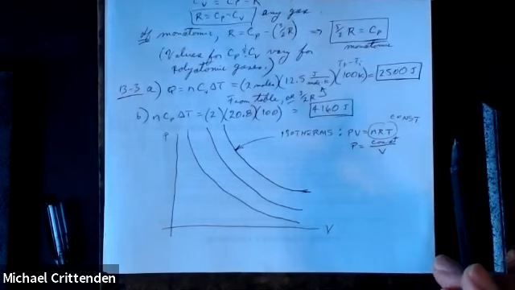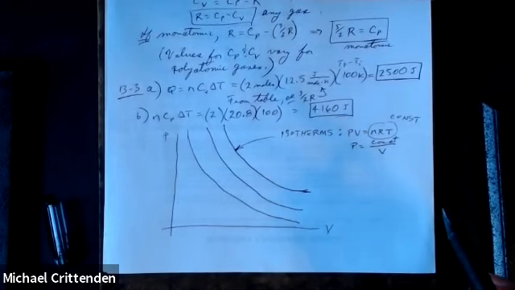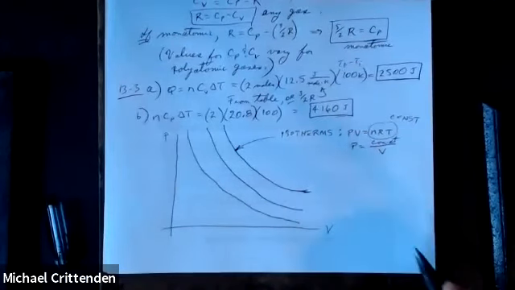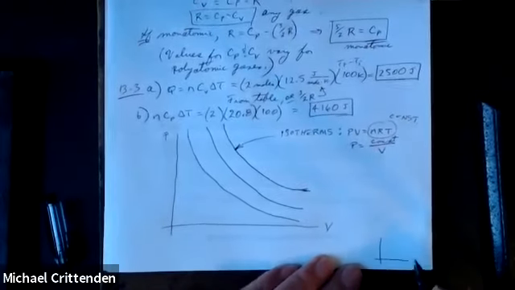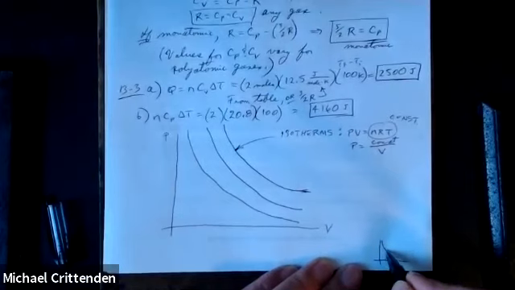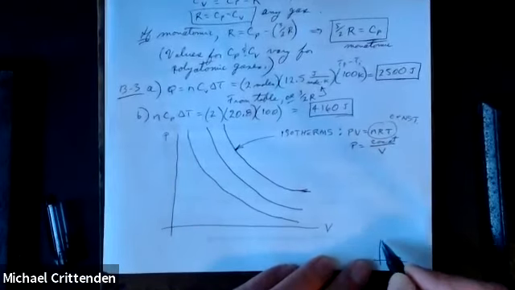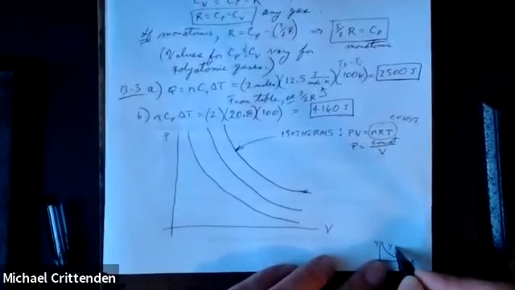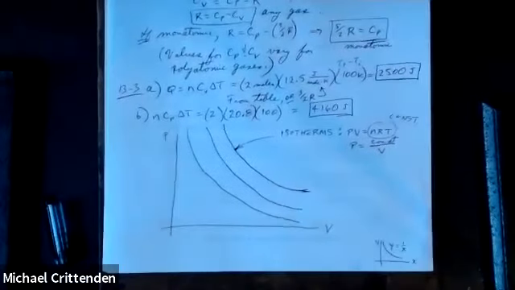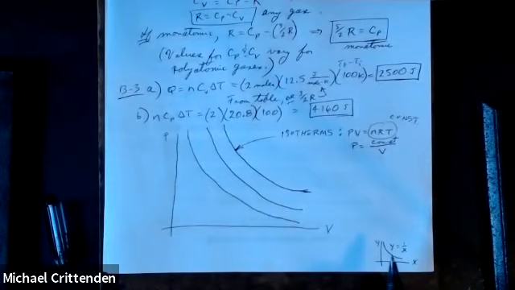Well, maybe you remember from a math class what the graph of, I'll just kind of sketch it down here in the corner real small. This is y and this is x. Remember y equals 1 over x? It's a rectangular hyperbola. It's got an asymptote against the y-axis. It's got an asymptote against the x-axis.